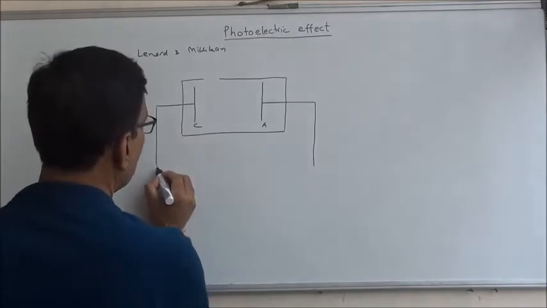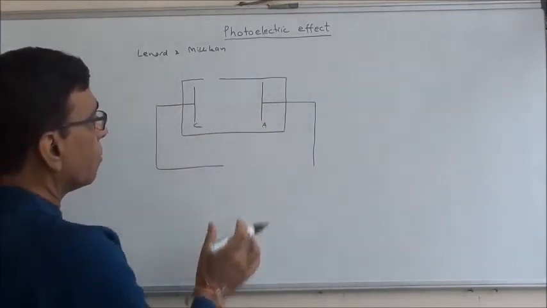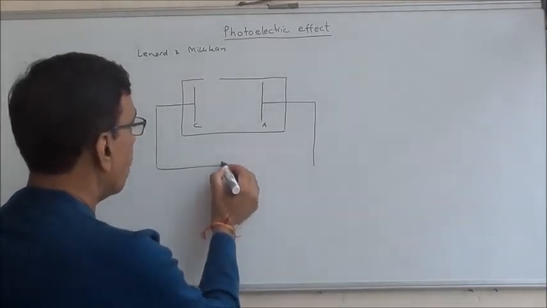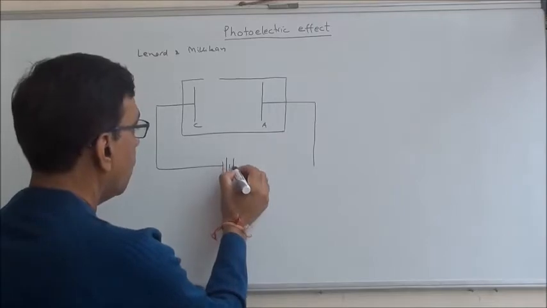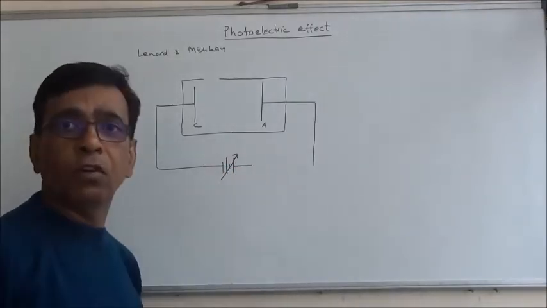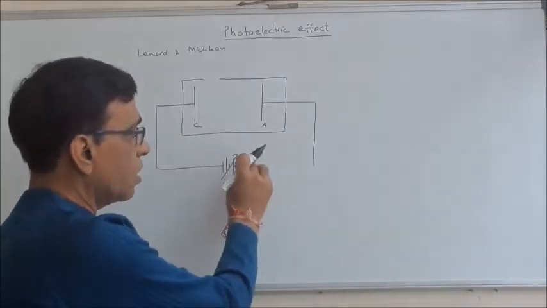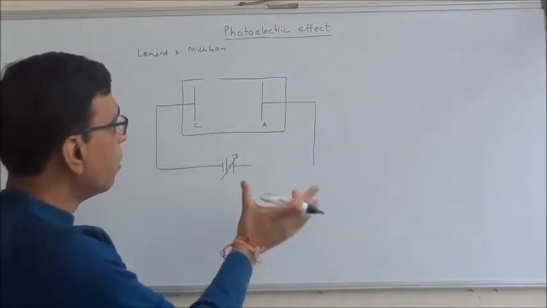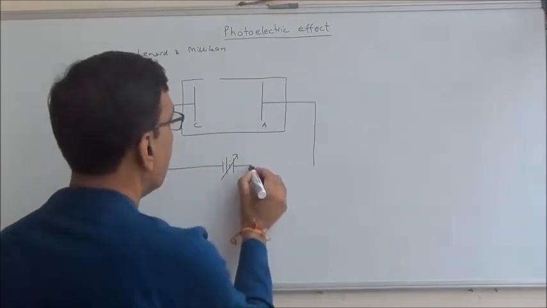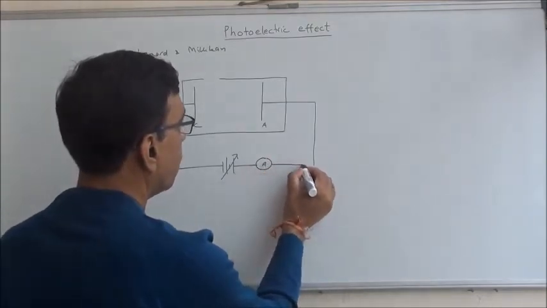Here they used a potential divider so that we can apply a potential difference between the two, and I can represent it just by a battery of variable potential. Actually it was a potential divider, so we can draw that, or this will also be sufficient. And then a galvanometer, or let me take an ammeter.